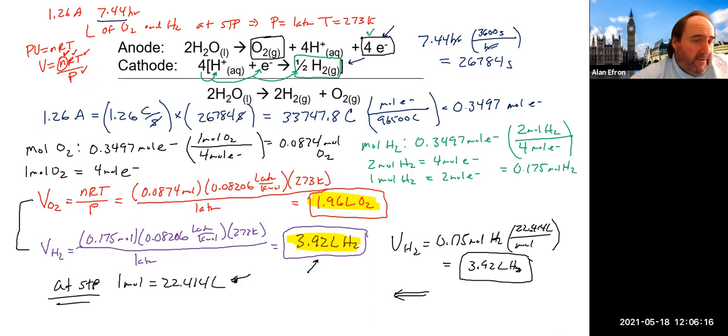How long did you run the cell for? You work your way backwards. They give you how much you produced, and you have to work backwards to figure out how long the cell ran for, or what the amperage or current was for that cell. So that's a variation on the electrolysis problem. Any questions on that?